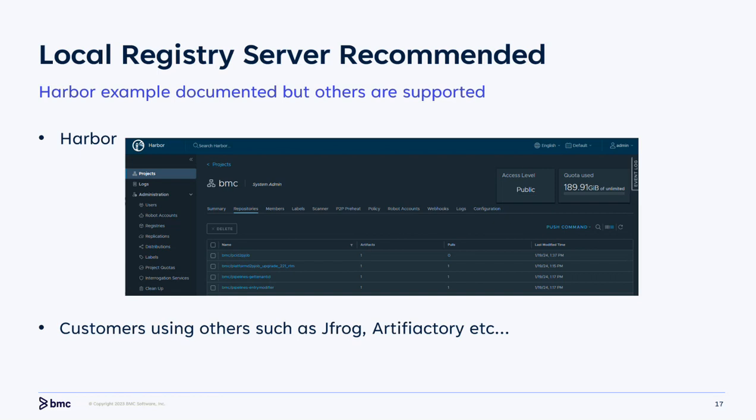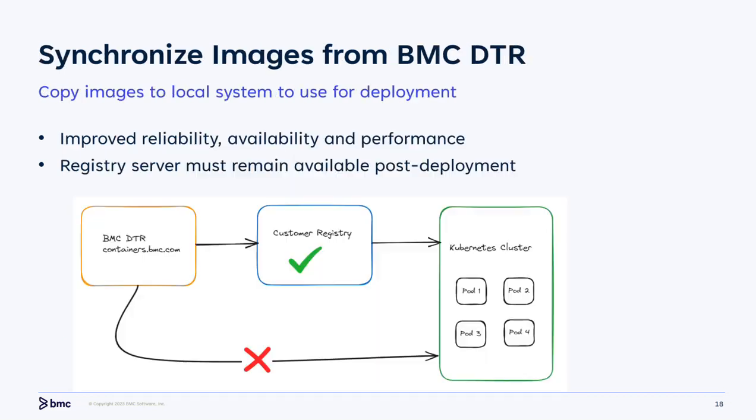What's important, what you should try and do, is to set up a local registry server. So BMC have a public registry server called the BMC DTR, Docker Trusted Registry, that's connected to the internet. And whilst you can do an installation directly from that, we strongly recommend that you set up your own registry server on premise and locally, and that's close to your cluster.